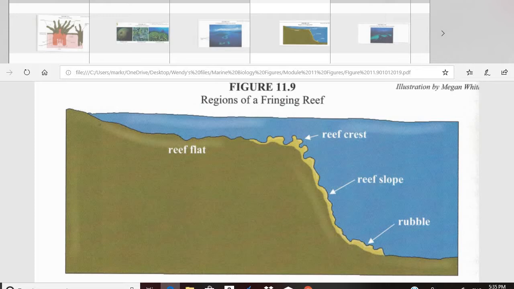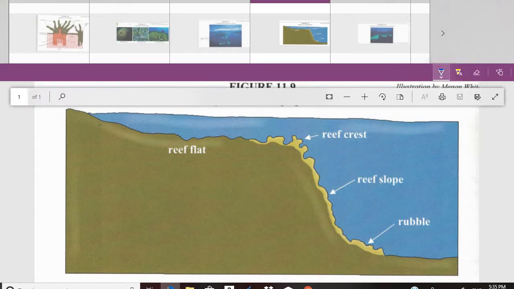The area closest to the shore, right here, would be the reef flat. Okay, so all this area here that's close to the shore is called a reef flat.